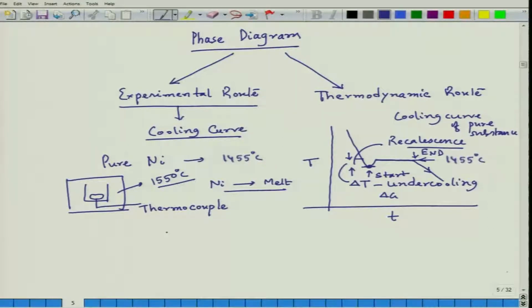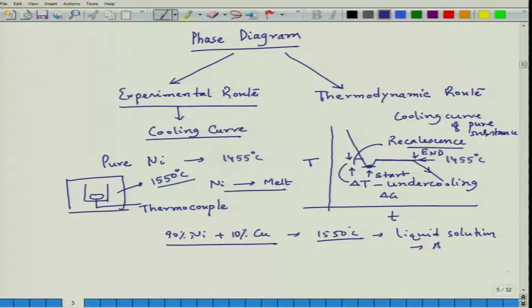Let us say if I take 90% nickel and 10% copper, and if we take the temperature to 1550 degrees Celsius, then this will form an alloy, and since we know that alloy is nothing but a solution of two or more metals, here also it will form a liquid solution, which is nothing but alloy of 10% copper in nickel.